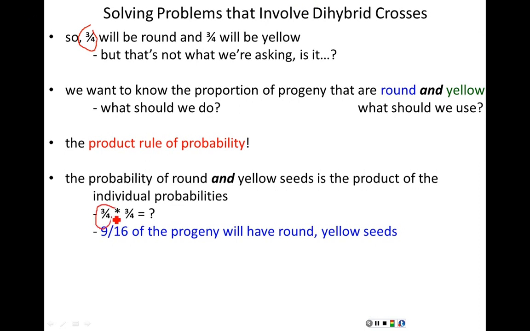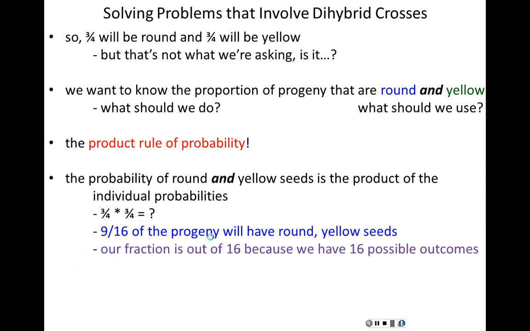We calculated the probability of just the yellowness, 3/4. And we calculated those individually by using Punnett squares, treating them as single gene crosses. And then we came back to the problem and said, what did we want to know? Round and yellow? So we want to take those two and multiply them. Pretty straightforward. Our fraction is out of 16 because we have 16 possible outcomes.